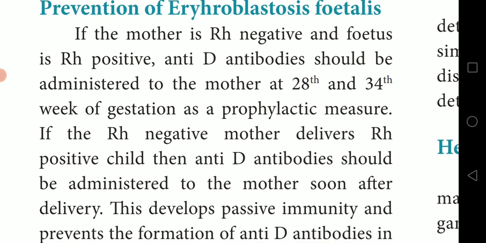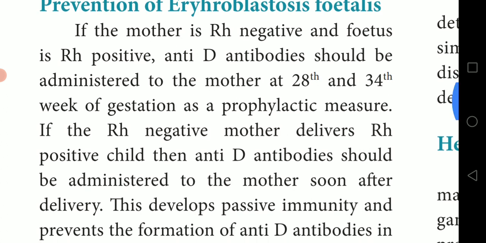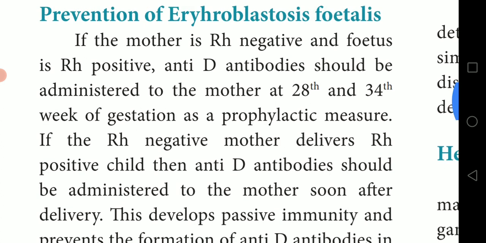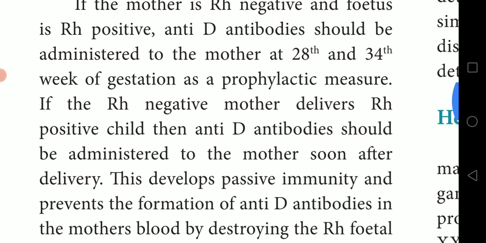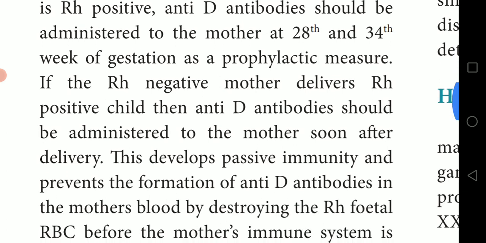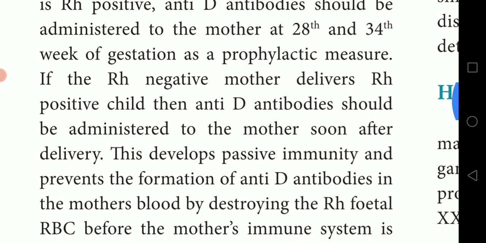In that case, what can we do? When the mother gets a second pregnancy, during the developing stage of the child, at the 28th and 34th week of gestation, we can give some injections. If an Rh negative mother delivers an Rh positive child, then anti-D antibodies should be administered to the mother soon after delivery.